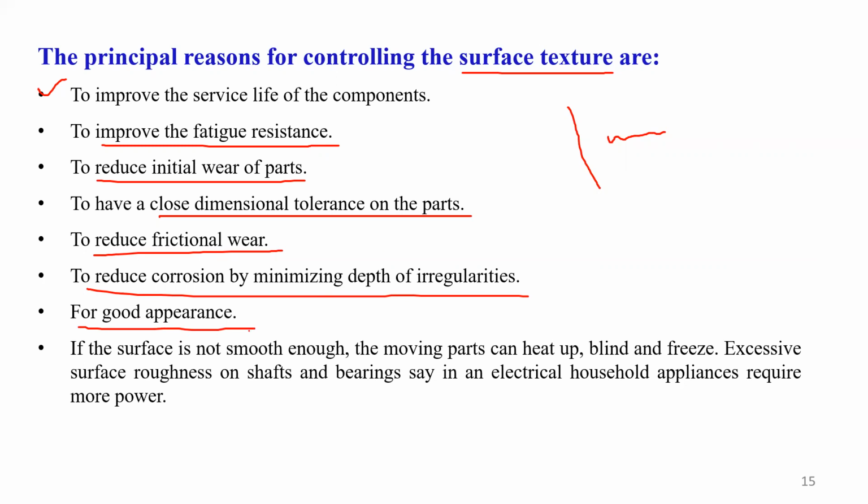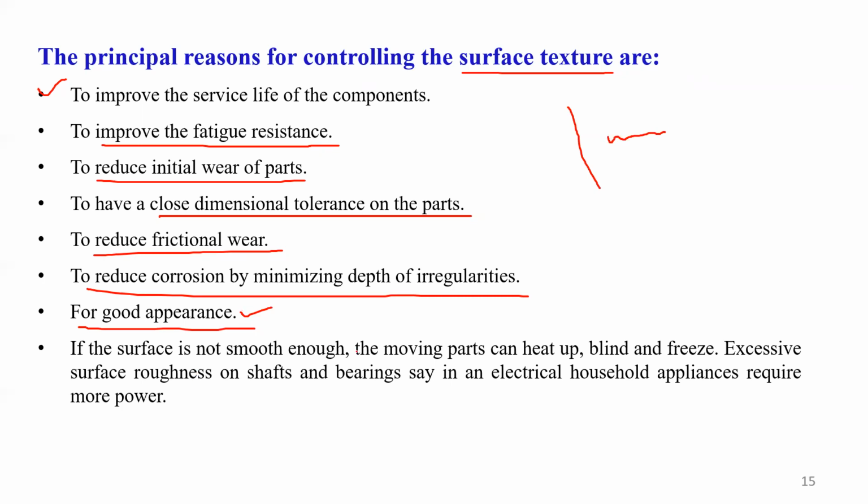If the surface is smooth and highly finished, then it will appear as a good surface, right? Aesthetic appearance is good. If the produced surface has major or larger irregularities, then the surface does not appear good aesthetically.